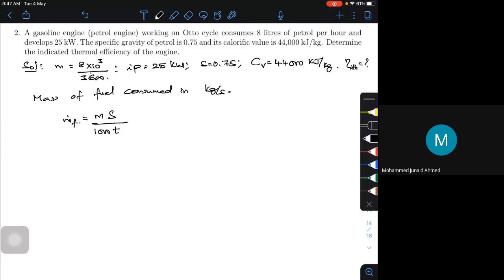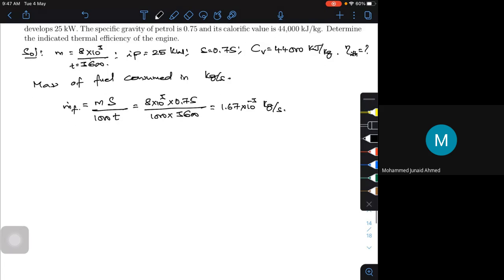So this is 8 into 10 to the power of 3 into 0.75 divided by 1000 into 3,600. If I do so, I am getting around 1.67 into 10 to the power of minus 3 kg per second. So this is the mass of fuel.